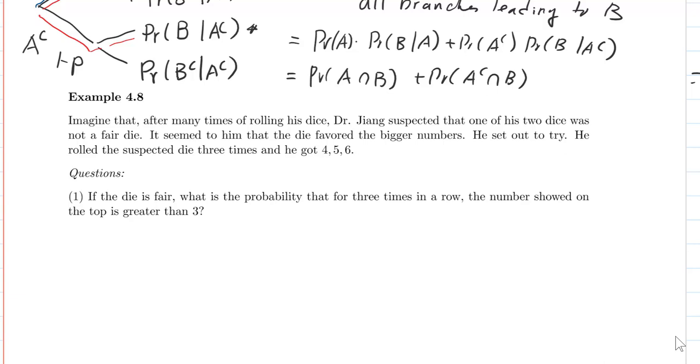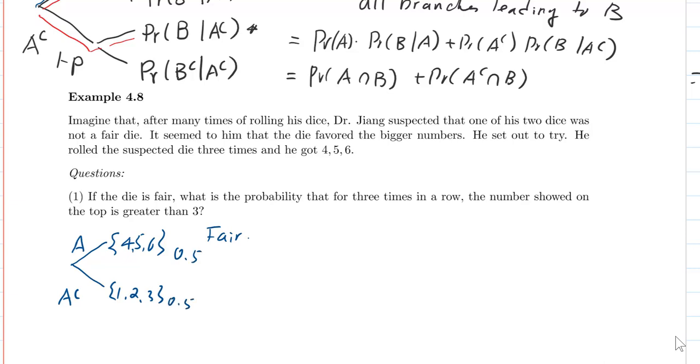And here we are going to assume we have really just 2 events: 4, 5, 6, which is considered the bigger numbers, and the other one is 1, 2, 3. So this is A, and this is A doesn't happen. Okay, so we're going to try to look at the probabilities. Assume it's fair, then this one is going to be 0.5, and this one is going to be 0.5.